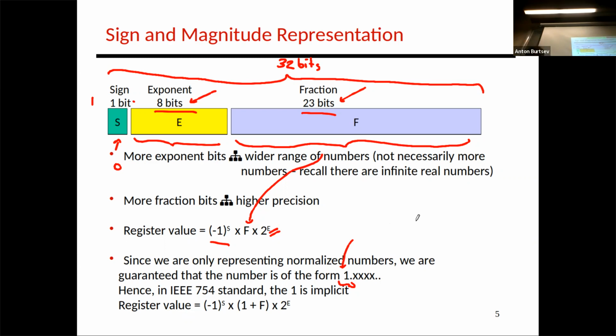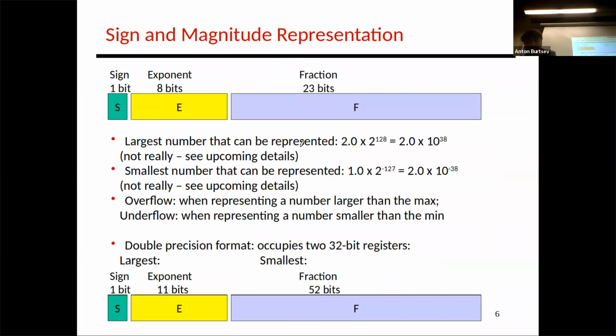And in practice, what is done is that it's always this form, 1 plus the fraction. So those bits of the fraction are actually added to 1, which we implicitly assume is always stored there. Now, what will be the largest number which we can represent?